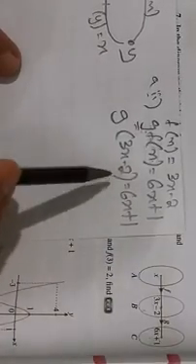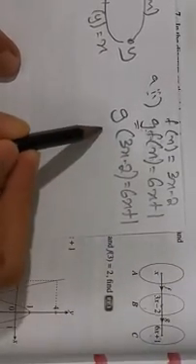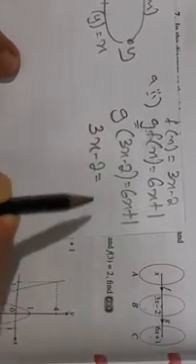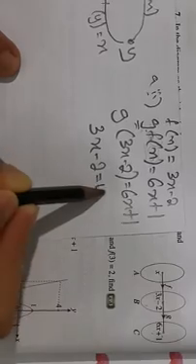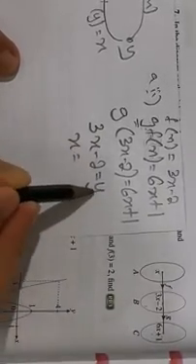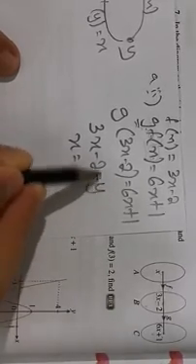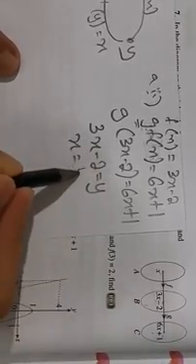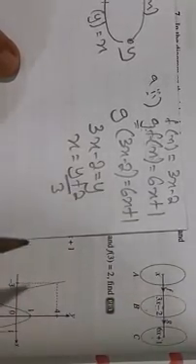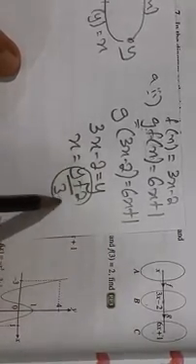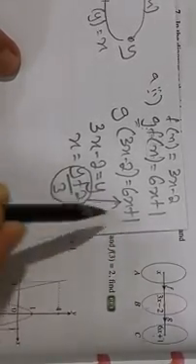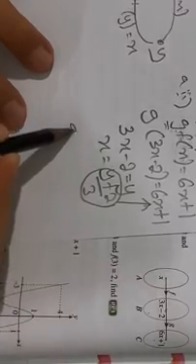Okay, so what next? You have to do another algebra. So you say 3x minus 2 equals y, for example. Then change the subject. So x will be, first you move the negative 2, become y plus 2, then divide by 3. So (y plus 2) over 3. Okay, and then the whole thing here, you have to replace where x is. So when you replace this, we will get g(y).